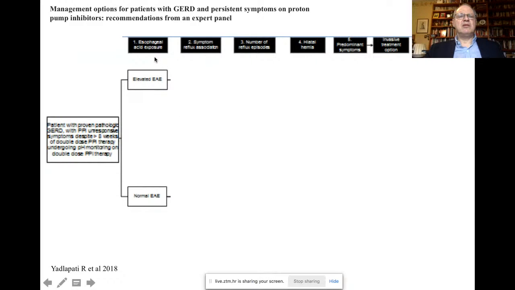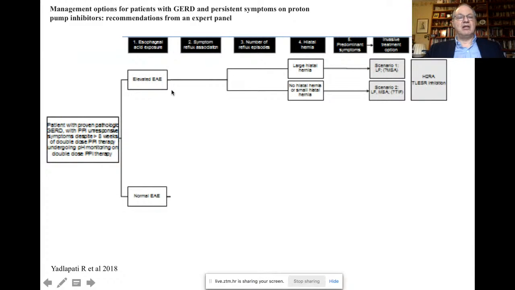So the acid exposure can be elevated or normal. If the acid exposure is elevated in spite of the PPIs, then we look at the endoscopy and we decide whether the patient has a large hernia or no hernia or small. If the patient has a large hernia, the possibility that they will improve with a laparoscopic fundoplication or magnetic sphincter augmentation is good.